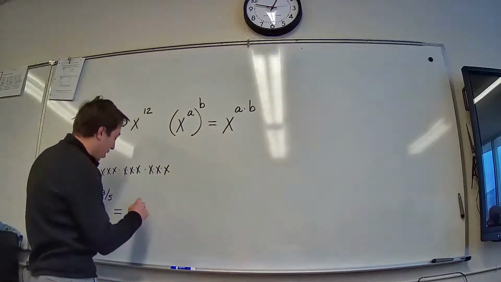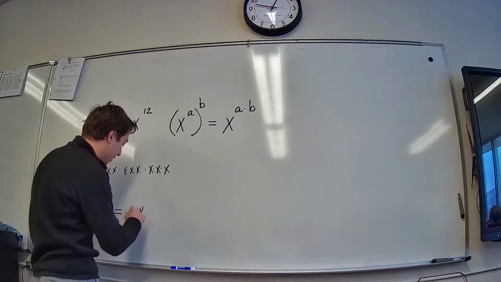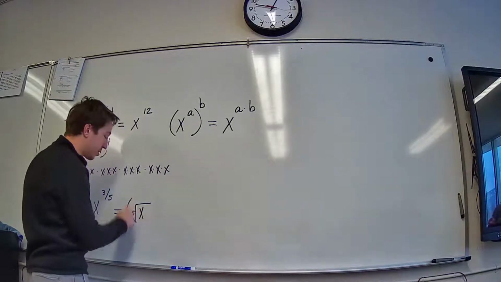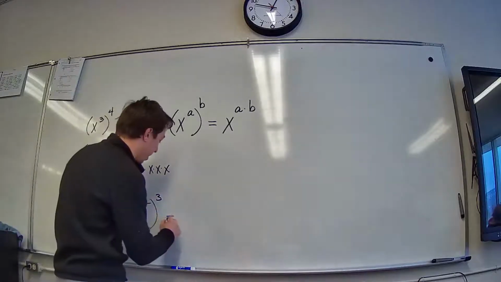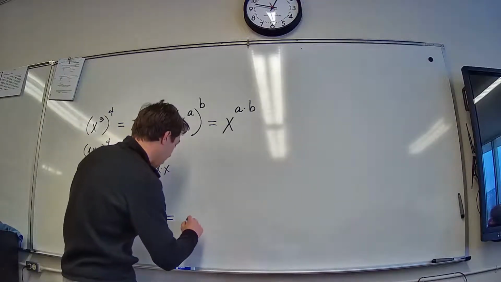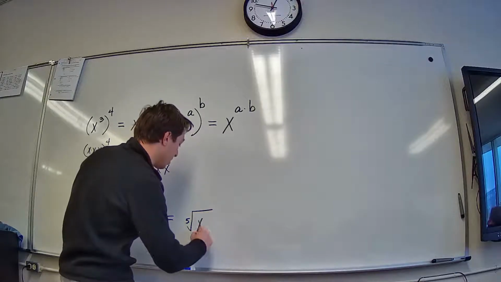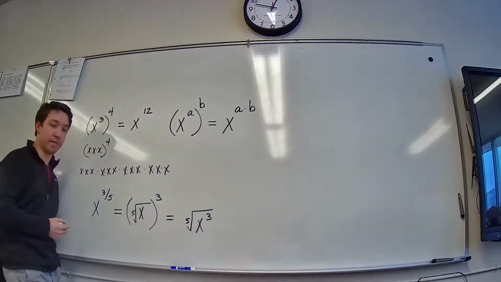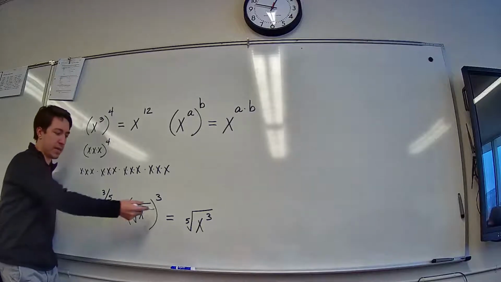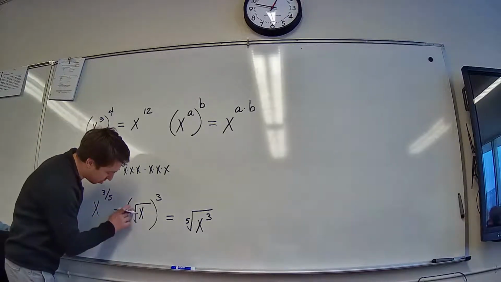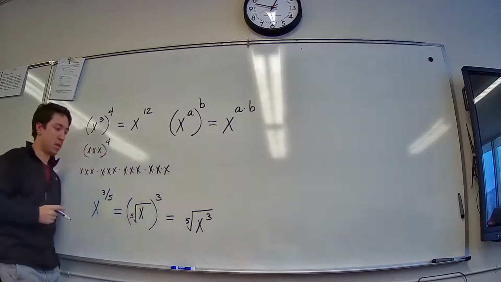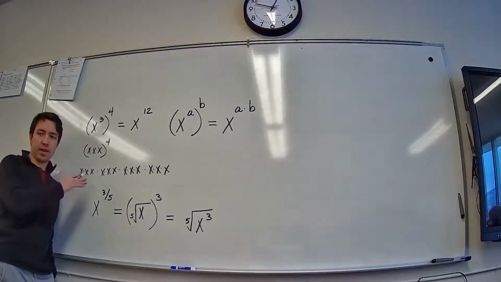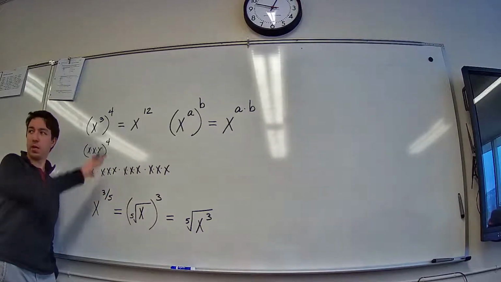You can think of this as being the 5th root of x cubed, or you could think of it as the cube of the 5th root of x. Those are equivalent expressions. Is everyone okay with that? Does that make sense? Let me fix that real quick. Before I move on here, are there any confusions? Any questions?